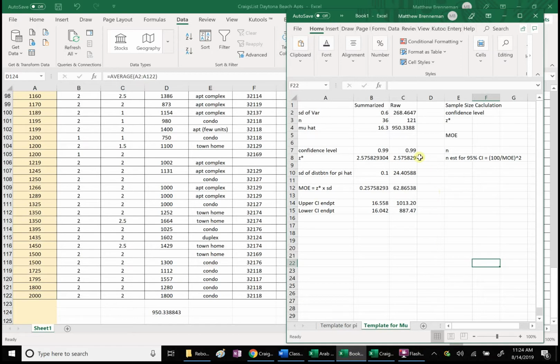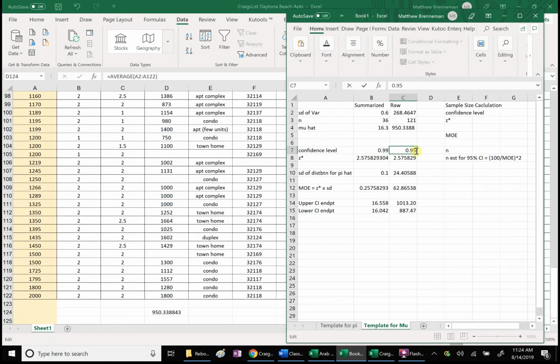What would happen if I changed the confidence level? If I made it 95%, would the confidence interval get bigger or smaller? Well, if I want to be less confident that I contain the parameter value, I'm going to make the margin of error smaller, and therefore the confidence interval will get smaller too. Look at the margin of error when I change this.